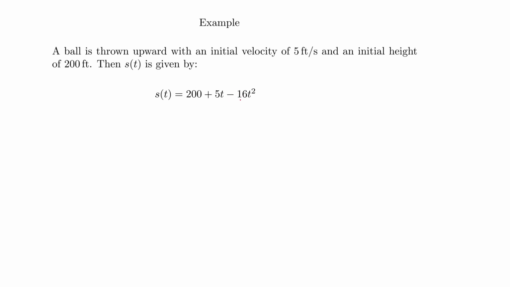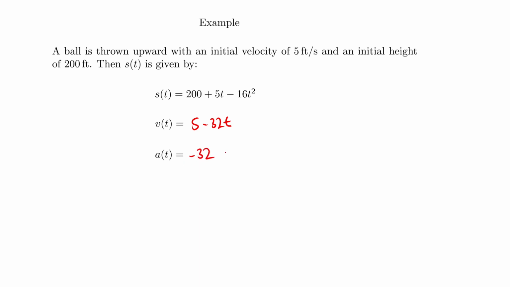This would be the equation which represents that motion. And if I were to start calculating the velocity function, you'll notice that the velocity is going to be the derivative of this, which is 5 minus 32t. And then if I were to calculate the acceleration, you'll notice that this is just the constant negative 32.